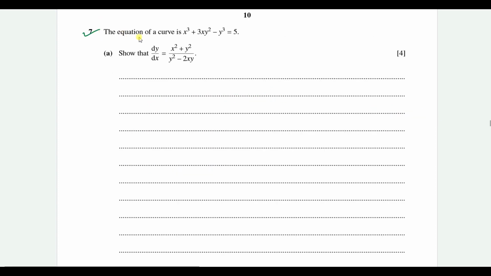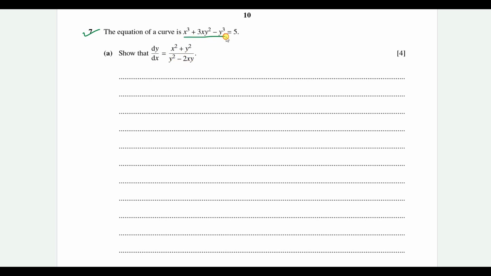The seventh question: the equation of the curve is x cube plus 3xy square minus y cube is equal to 5, and we need to show that dy over dx is x square plus y square over y square minus 2xy.